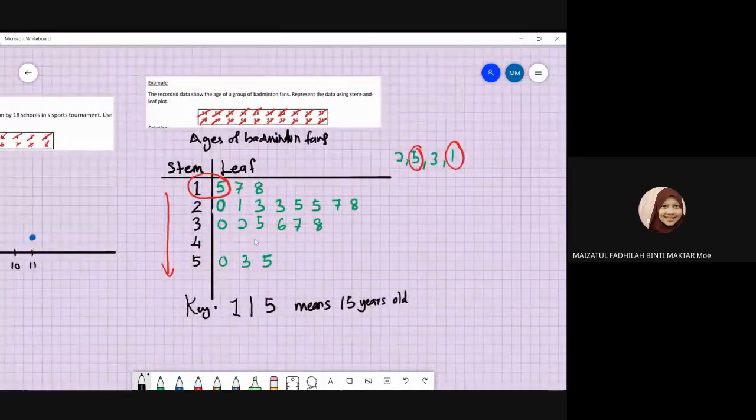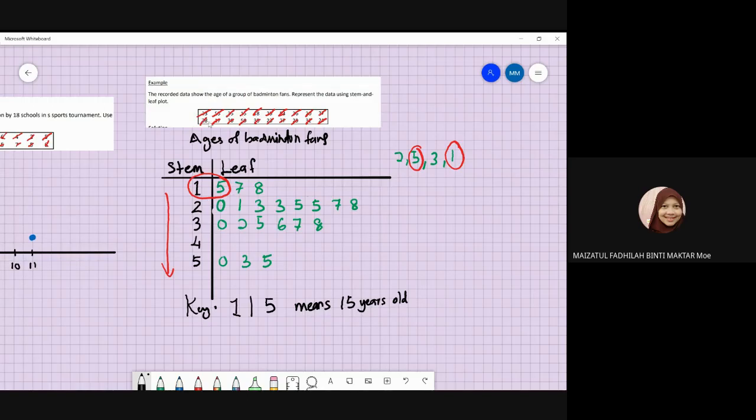What about a number with more than two digits? From what I studied in other notes that are not in your book, for more than two digits, you just see the first number on your left and put that number on the stem. And the leaf, put the number behind it.